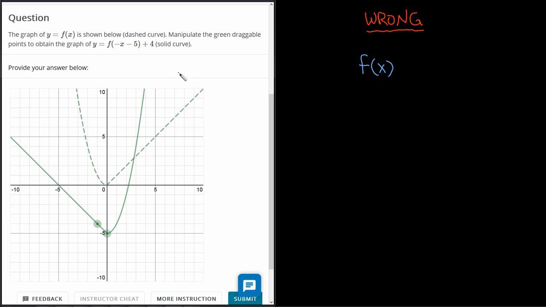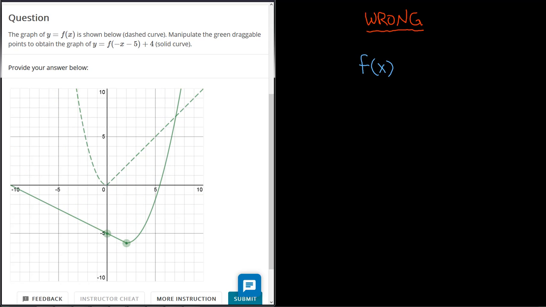So what we've got here is a kind of tricky graph transformation problem. The idea is we're starting with the graph of y equals f of x, which is shown on this dotted graph here. Then I have this other graph, a solid curve, and I can move it around.